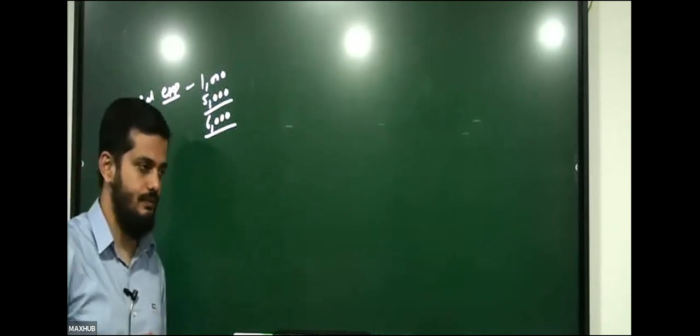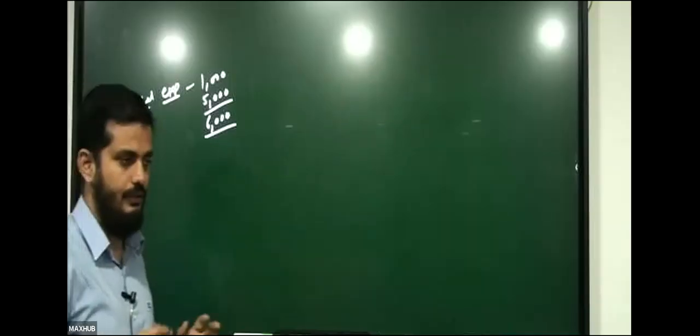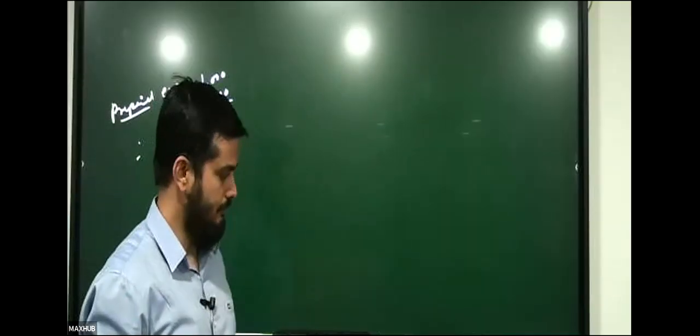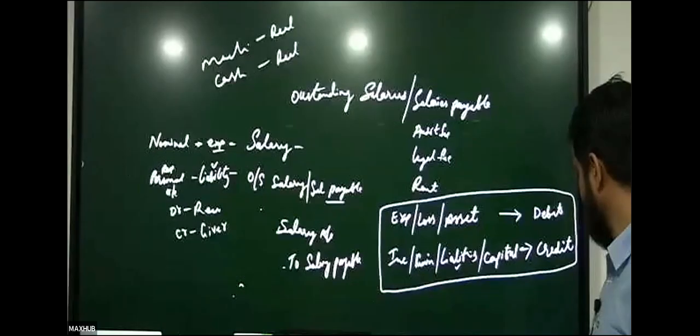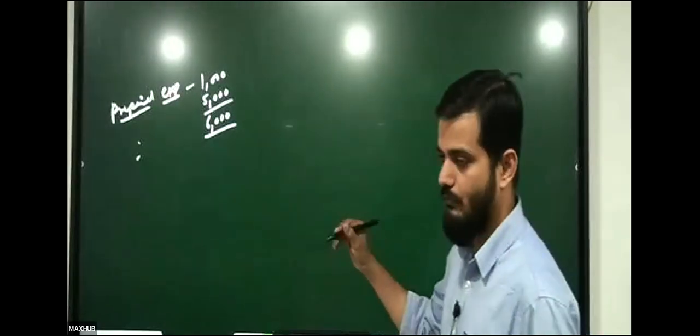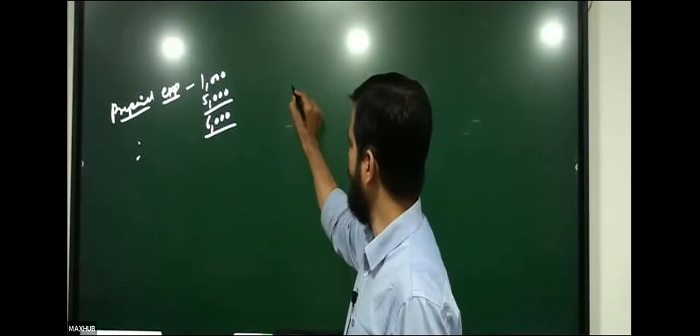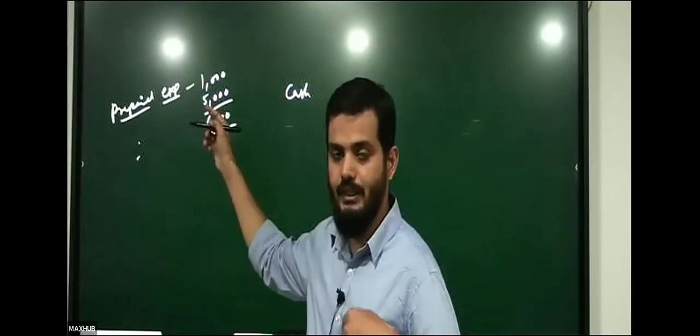Now let us see what are the general entries we can make out of this. Prepaid expense. What is the first step? Identify the accounts, right? What are the items we have? Cash. Why are we saying cash? Because I have taken the example that we are paying it today.